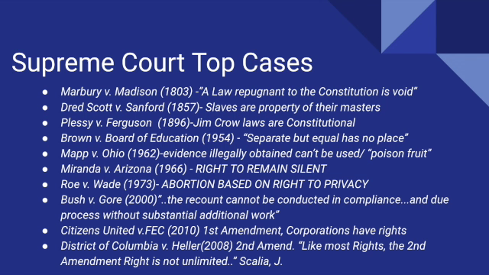Arizona, which came out of Terry v. Ohio. You have the right to remain silent. Roe v. Wade, which came out of Griswold. One's right to abortion was based on a right to privacy.